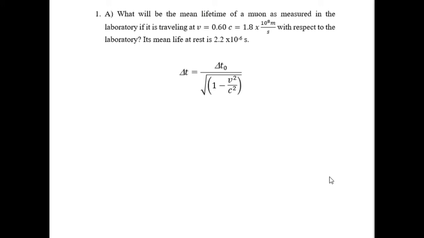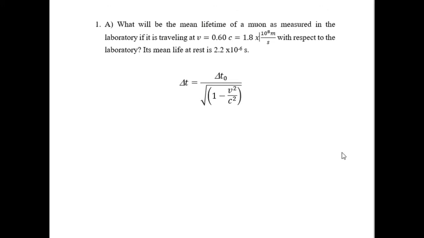Its mean life at rest is 2.2 times 10 to the negative 6 seconds. The muon is traveling at 0.6 c, so its proper mean life at rest, 2.2 times 10 to the negative 6, is delta t naught. We are looking for delta t.